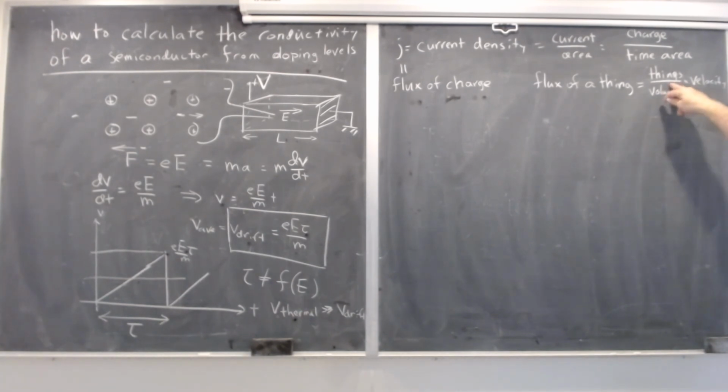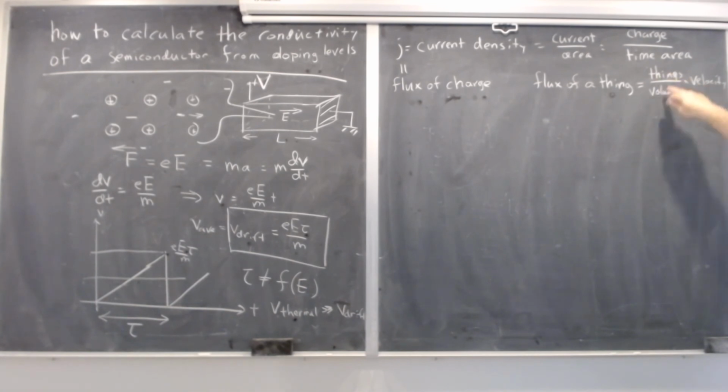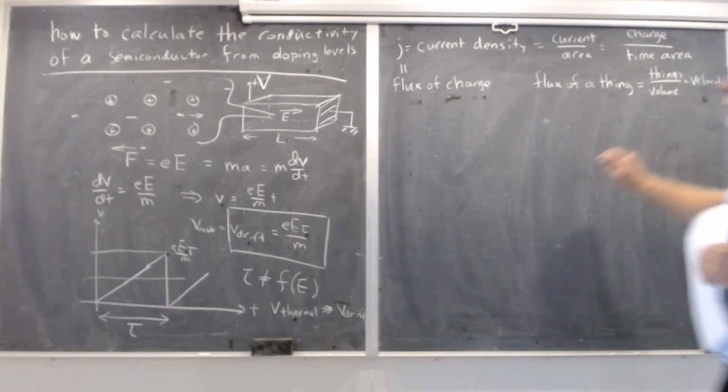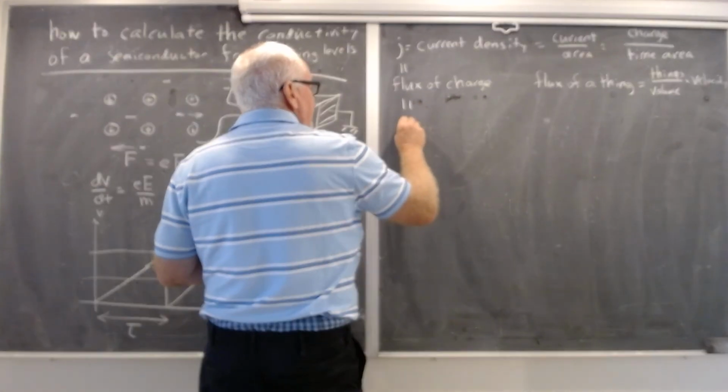If you look at this, the flux of a thing is the movement of the things per unit time per unit area. Well, there's things per unit volume, velocity is distance over time, and so the units work out. Again, we could spend half of the lecture proving that to you, but let's just go on here.